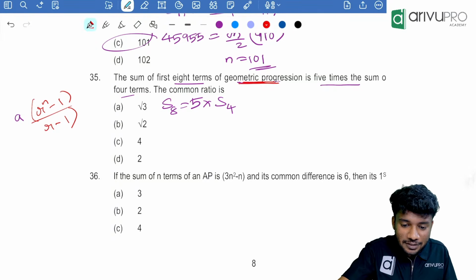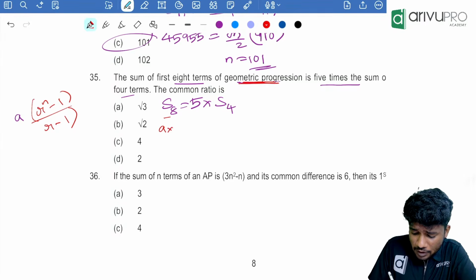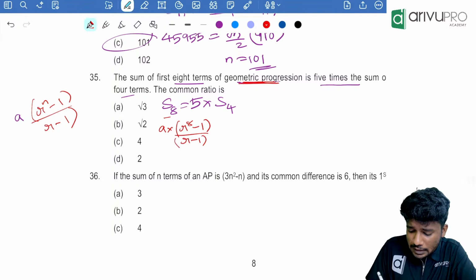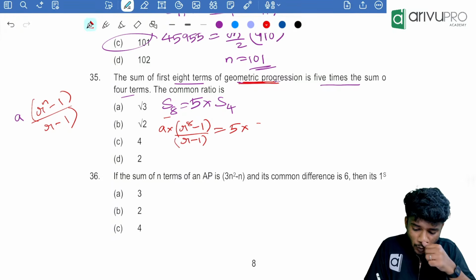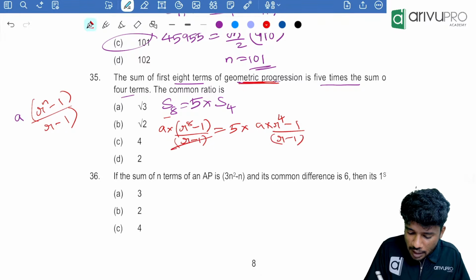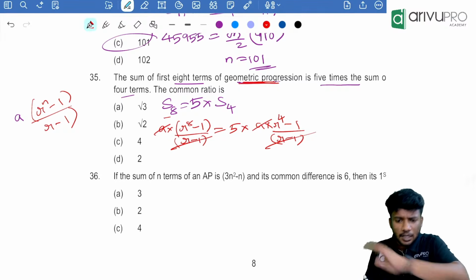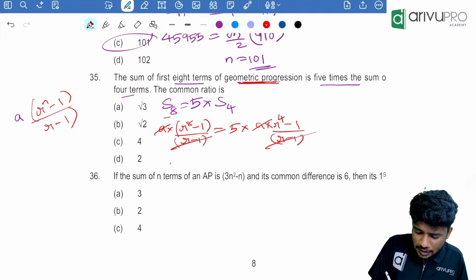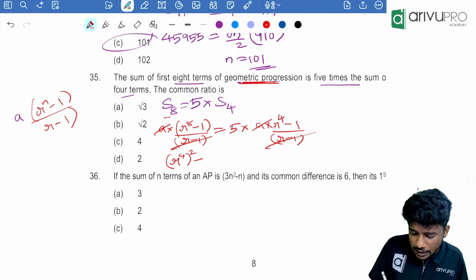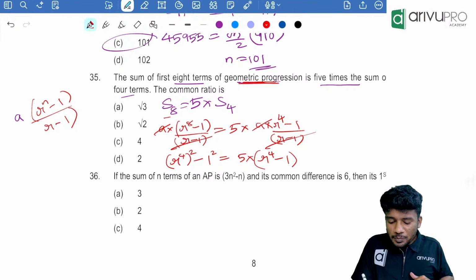Well and good. Okay. Then you can write S8 is nothing but A into R raised to 8 minus 1 divided by R minus 1, which is equal to 5 into A into R raised to 4 minus 1 divided by R minus 1. R minus 1 cancel. Done. Then A and A cancel. Done. Then R raised to 8 minus 1 can be written as R raised to 4 whole square minus 1 square, which is equal to 5 into R raised to 4 minus 1. People, A square minus B square is how much?